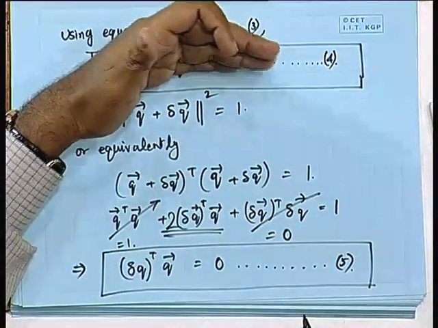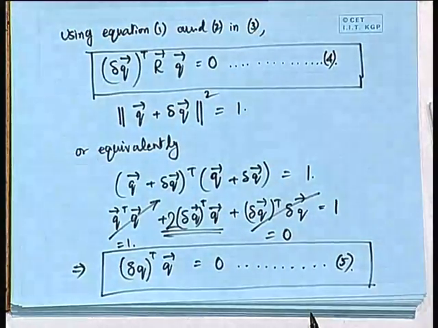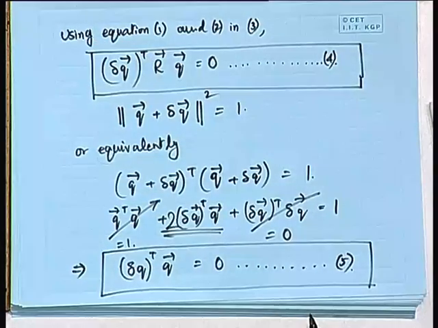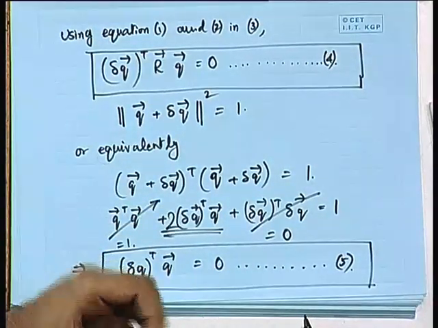So, if we want to express equations 4 and 5 together, we have to introduce a term which has the same dimension as R. We can introduce a scalar quantity lambda which has the same dimension as R. In that case, equation number 4 and equation number 5 can be combined and written as this left hand side part plus or minus lambda times this is equal to 0, since lambda can be chosen as positive or negative.